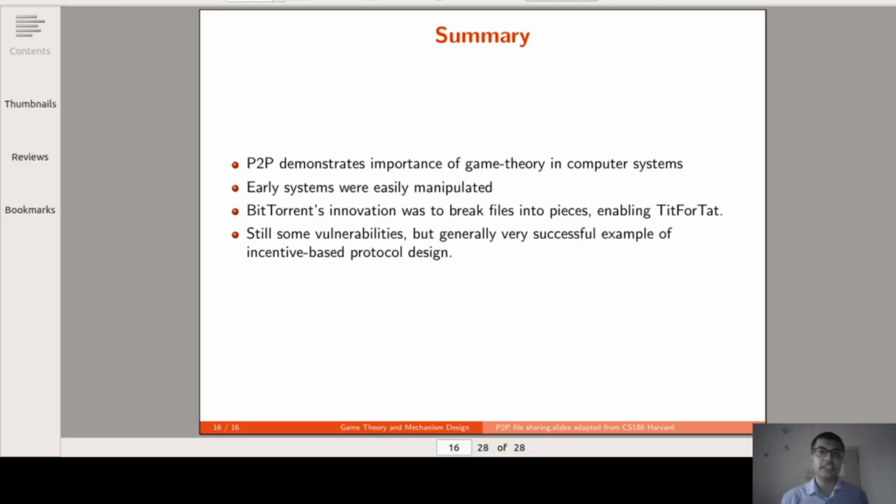Early systems were easily manipulated because they were not taking care of this strategic manipulation aspect. BitTorrent's innovation was to break these files into pieces and enable the tit-for-tat strategy, which has worked very well. It still has some vulnerabilities, but it is generally a very successful example of incentive-based protocol design.